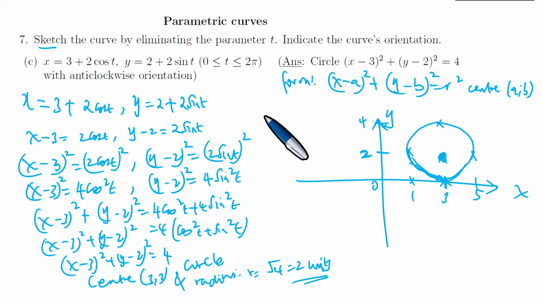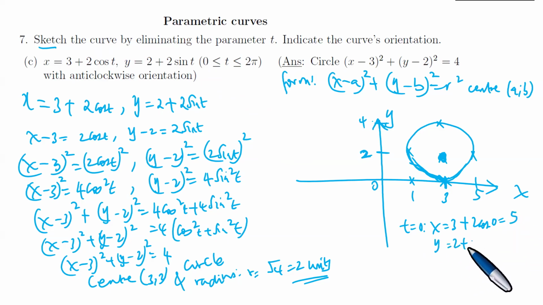At t equals 0, x becomes 3 plus 2 cosine 0, which is a 5. And y is 2 plus 2 sine 0, which is a 2.